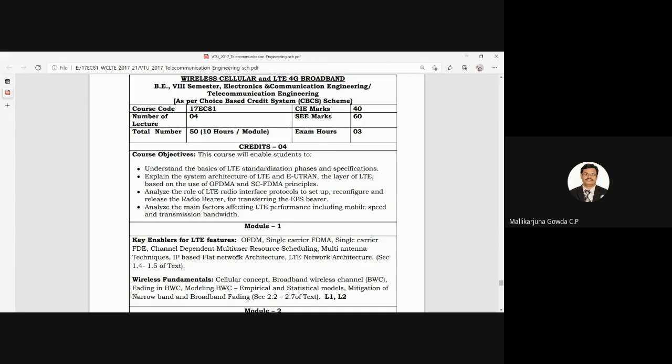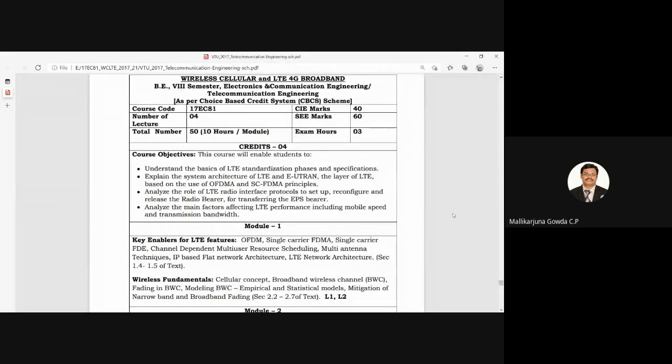So we will be focusing on the key enabling technologies for LTE. I mentioned some 4 or 5 things. One is OFDM. Next is single carrier FDMA, then single carrier FDE, then channel dependent multi-user resource scheduling, then multi-antenna techniques.